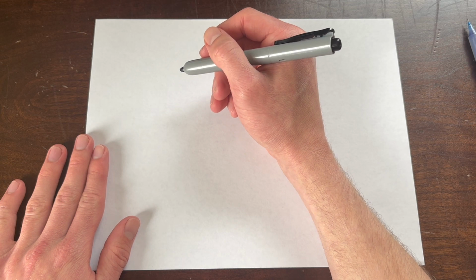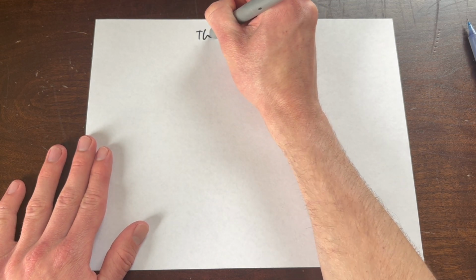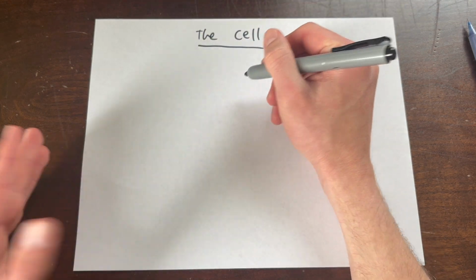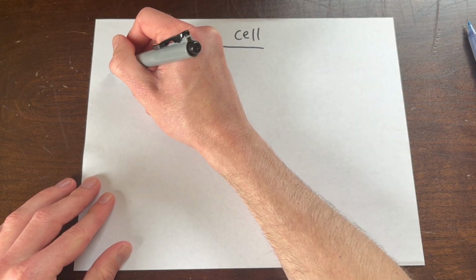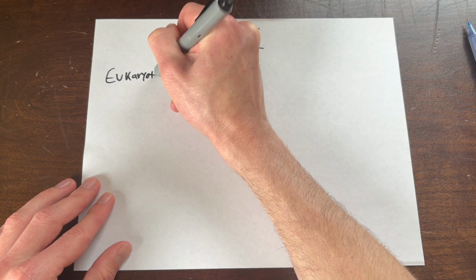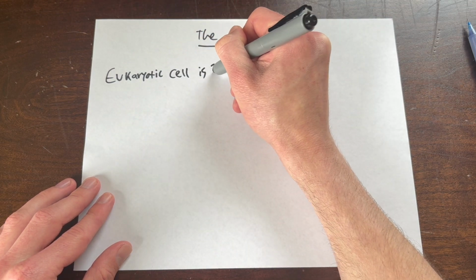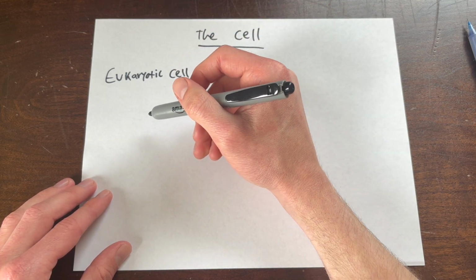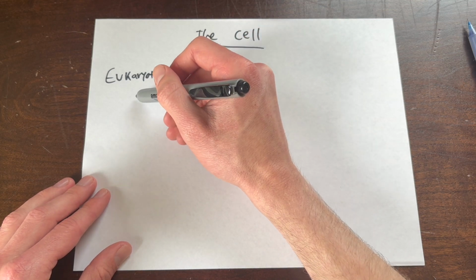So, first things first, let's talk about the cell. First thing in the cell, I want to talk about what a eukaryotic cell is. Eukaryotic cells are the cells that are most familiar to us, and to me they kind of look like a fried egg.